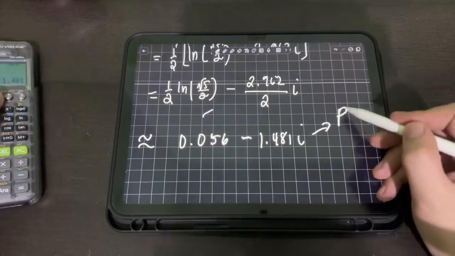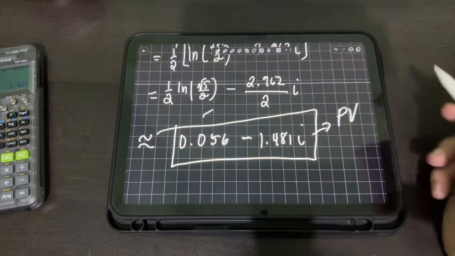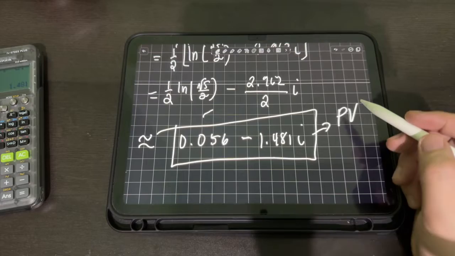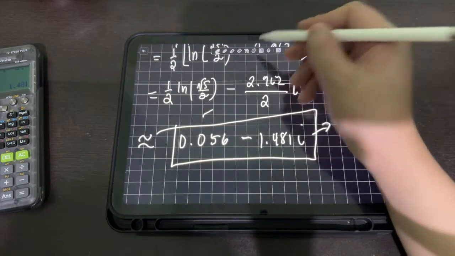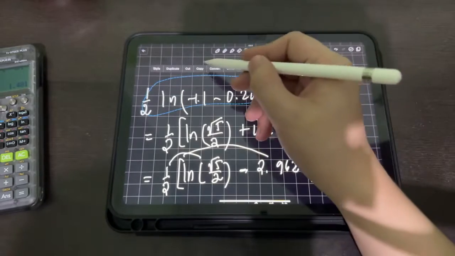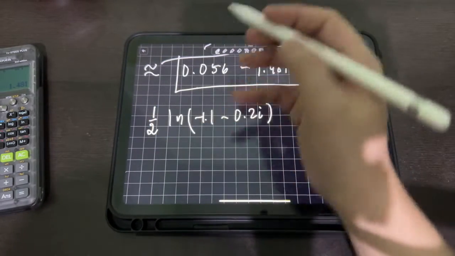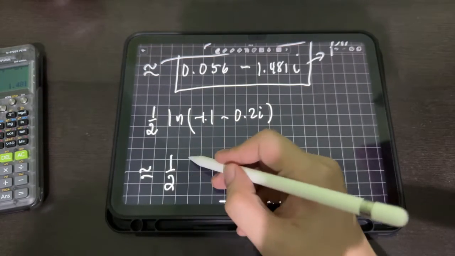So this is the principal value of the arctangent. Okay, so this is the final answer already. We can also get the general value. Okay, so this expression is also the same as 1/2 quantity.